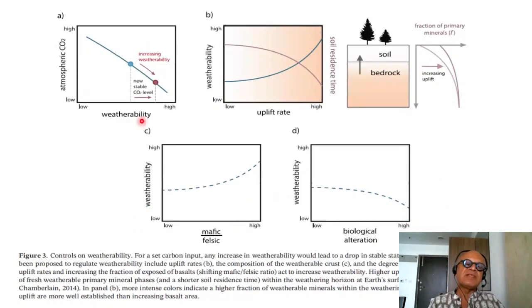Here is the weatherability. So if weatherability increases, atmospheric CO2 would decrease. This is not about increasing temperature and rainfall, but directly changing weatherability parameters like mountain building, tectonic uplift, and so on, which would then reduce atmospheric CO2 and then feed back to temperature and rainfall and further feed back to weatherability, right?